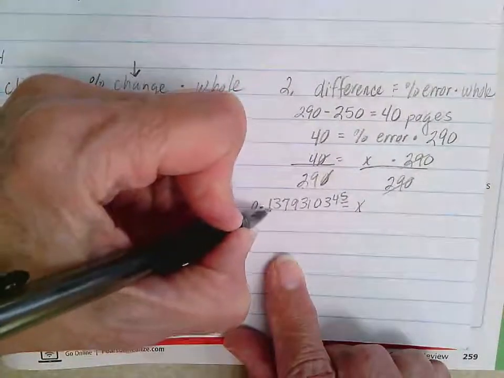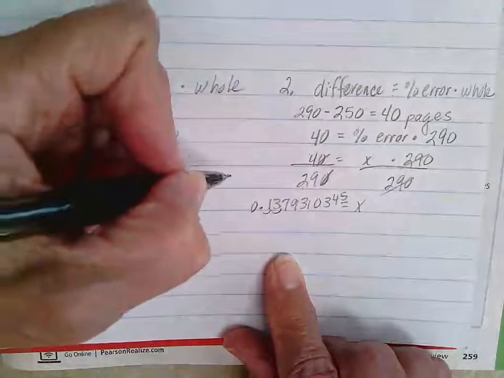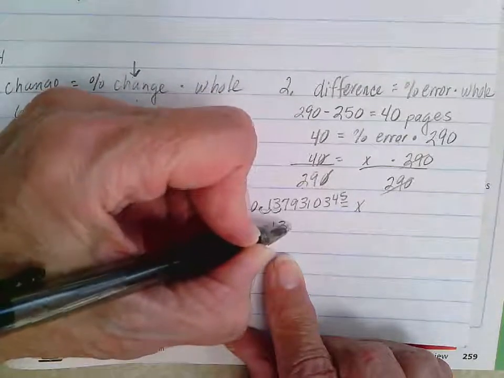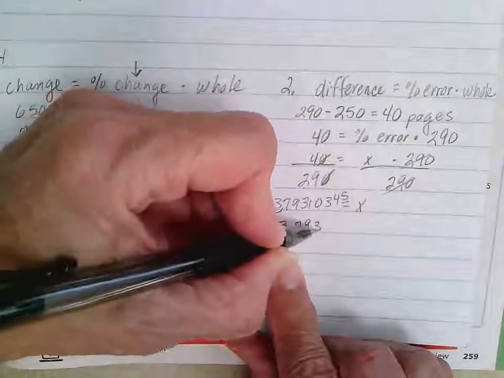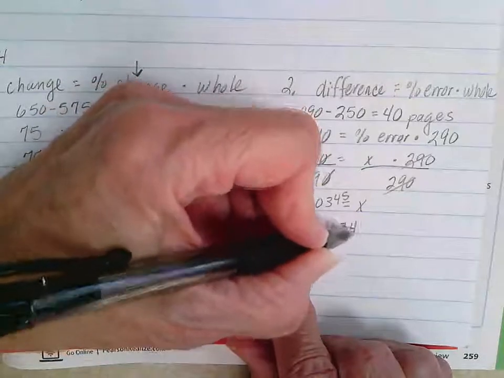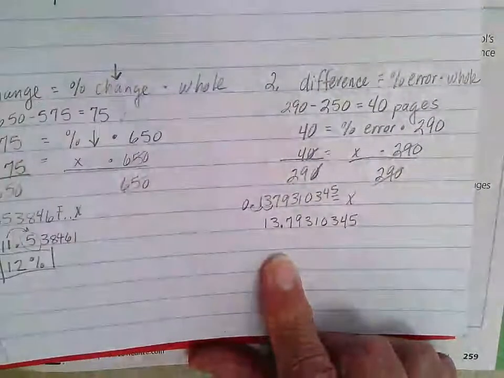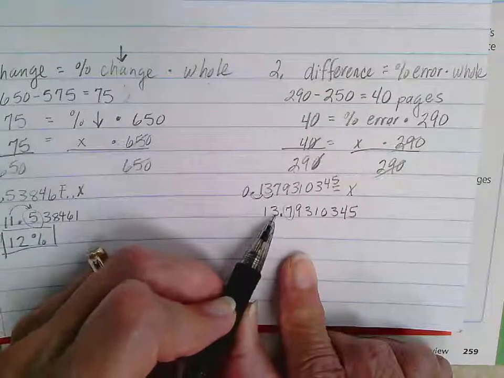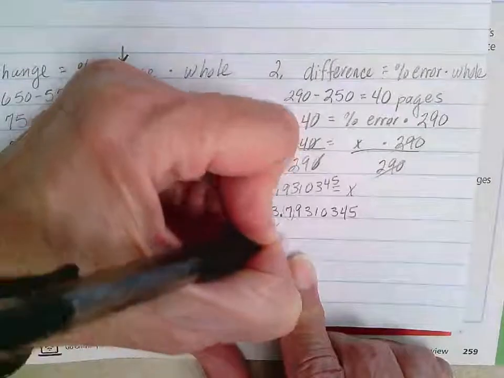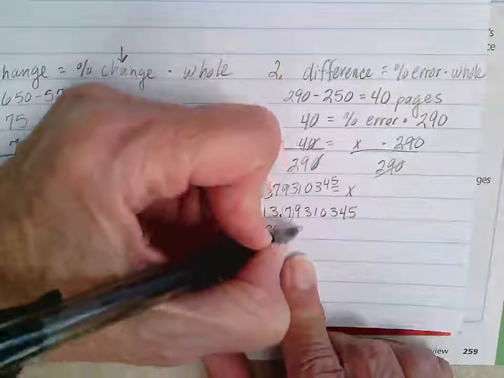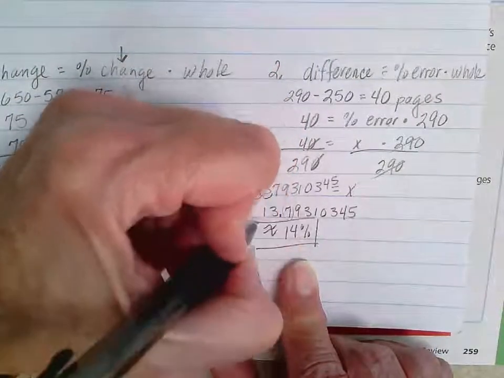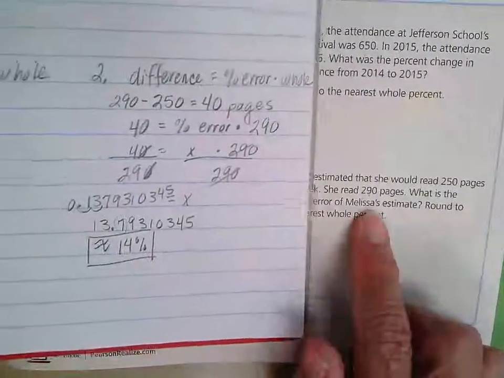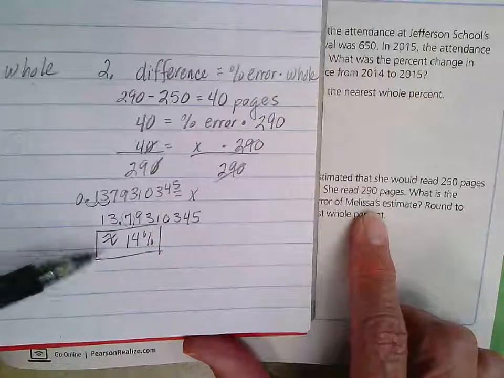So to get to a percent, I have to multiply by 100. So I'm going to move my decimal point 2 places, which is going to give me this number. And when I round to the nearest whole percent, I look at the digit to the right of the decimal point. That tells me to add one more. So this is about 14%. The percent error of Melissa's estimate is about 14%.